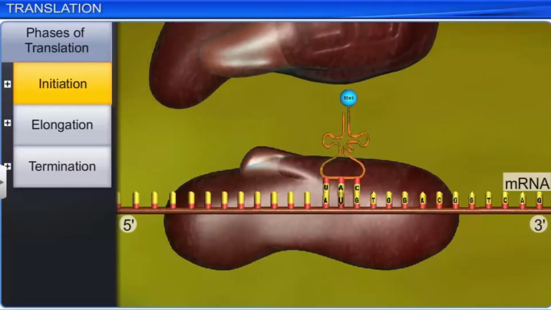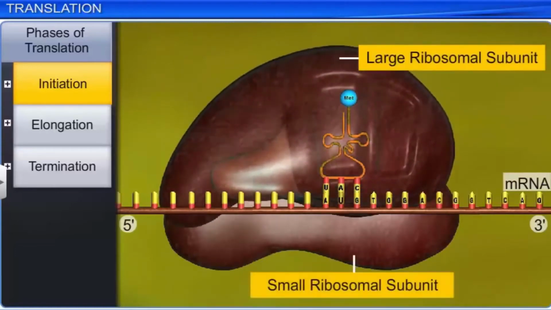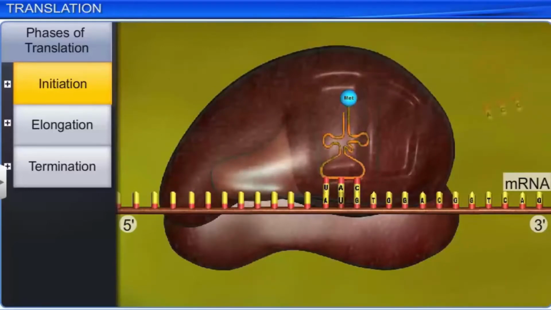the large ribosomal subunit binds to the small ribosomal subunit containing the mRNA. Another aminoacyl tRNA now binds to the A site of the large ribosomal subunit, and the first peptide bond is formed between these amino acids.